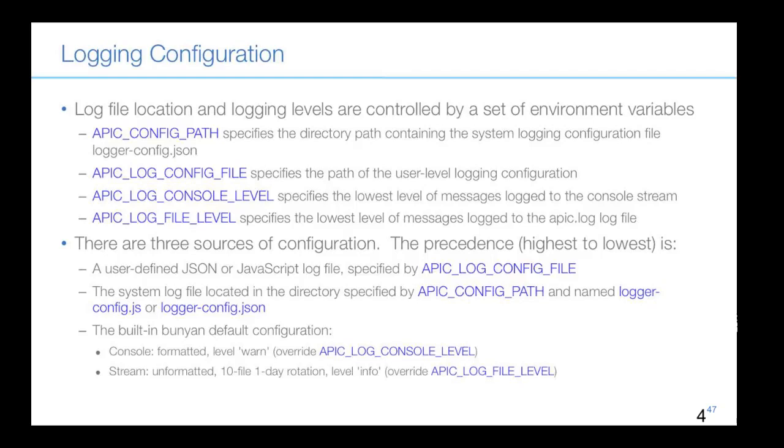And there's also the built-in configuration. Like I said, there are two places it'll log. To the console, the default is warning, and that can be overridden. The other stream is to the file, the APIC.log file, and that's unformatted. It has a set one-day file rotation and a default level of info.